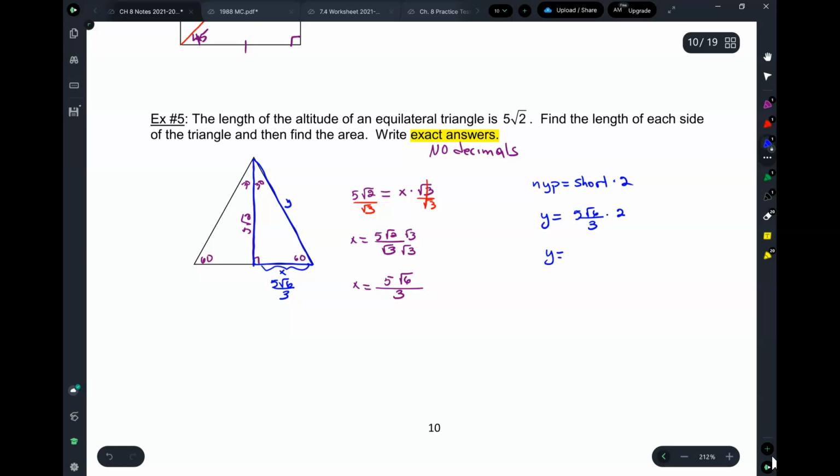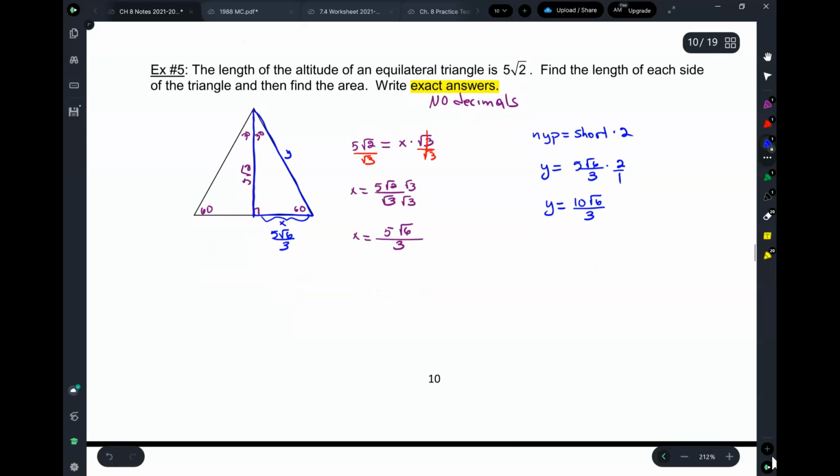Well, in this case, this is 2 over 1. So this is 2 times 5, 10 root 6 over 3. If this y over there is 10 root 6 over 3, then this is also 10 root 6 over 3. And how much is this entire side? 10 root 6 over 3.